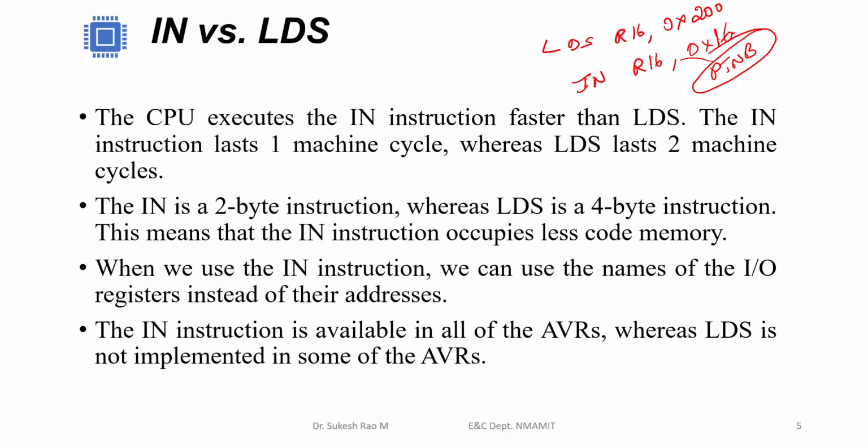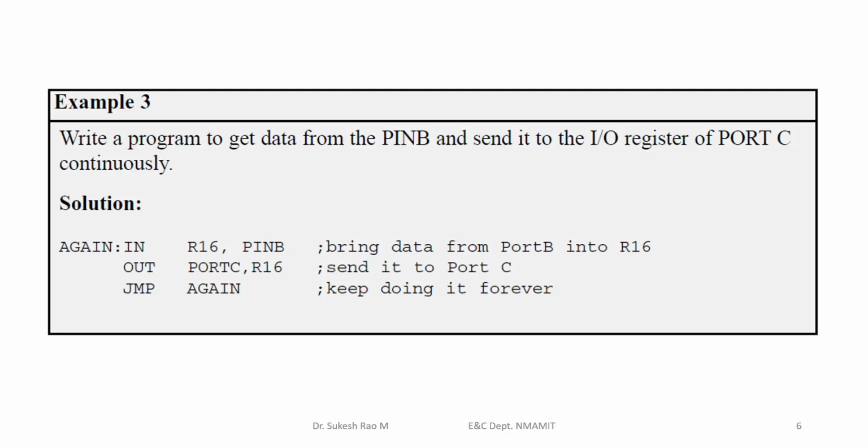Similarly, OUT and STS will have a similar structure. Here is a program: write a program to get the data from PIN B and send it to the IO register port C. Here some insight is given on how things work. So let me put some more instructions.